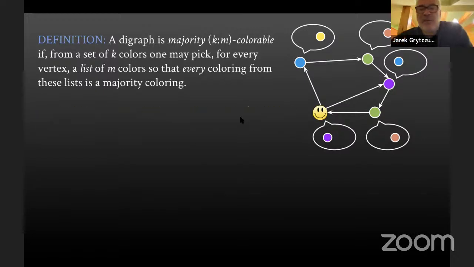And so we could even define a fractional majority chromatic number, which is the infimum of such fractions. On this example, we have this digraph which demands 3 colors in the usual coloring, but now we have our fraction equal to 5/2, because we have 5 colors and the size of each list is 2. So we have a 5/2 coloring.